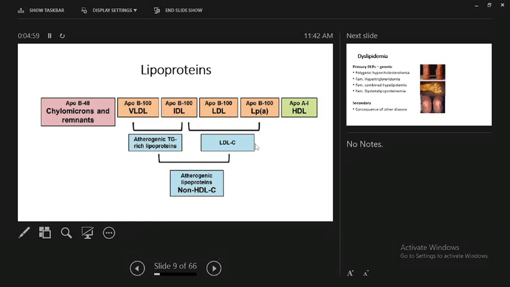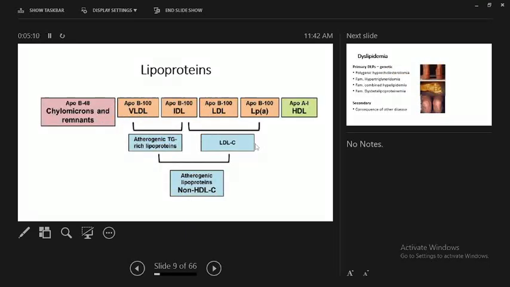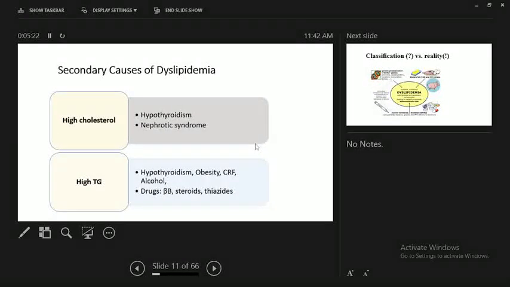Another thing to make note of is that there is ApoB in all the lipoproteins. Hope you can remember that; I could not show it actually. These small particles on top are apoproteins. Dyslipidemia is classified into genetic as well as secondary.